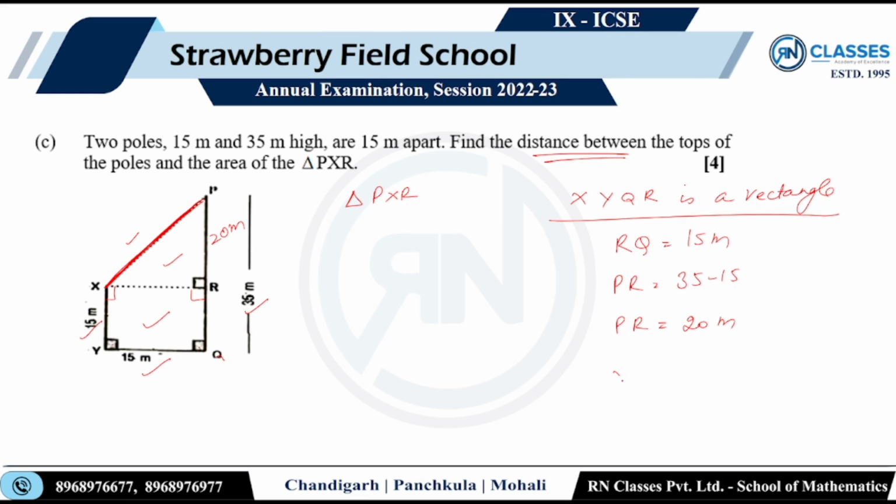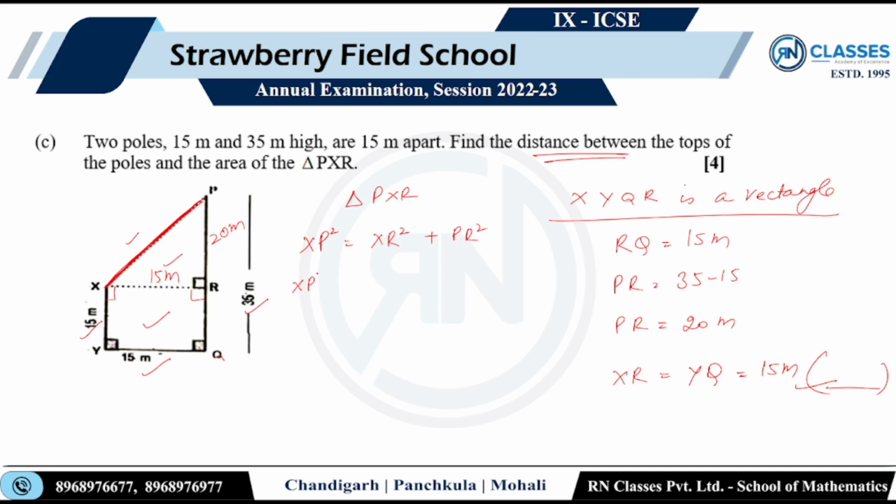What about XR? XR is equal to YQ. भाई rectangle का use कर रहे हैं, and YQ already I know that is 15 meters. Opposite sides of a rectangle are equal. You have to write this over here to get marks. So this would be 15 meters. I can write XP का square is equal to XR का square plus PR का square.